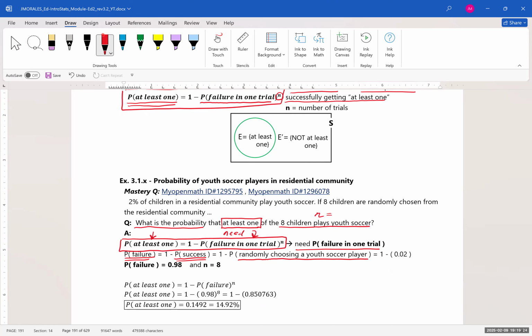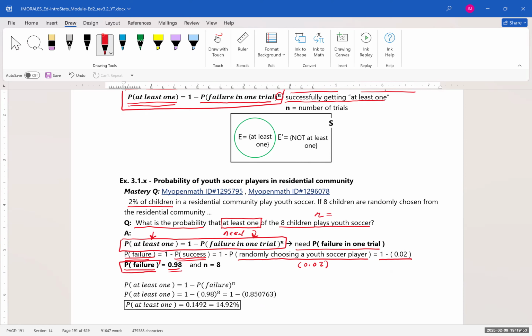We already know that's 2%, so we substitute 0.02. 1 minus 0.02 is 0.98, and that's our probability of failing to choose one child who plays soccer.